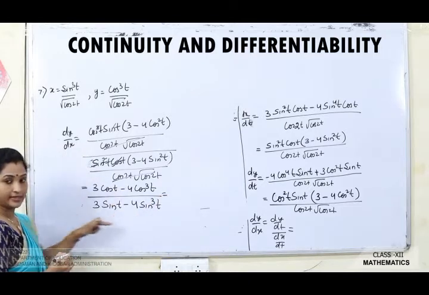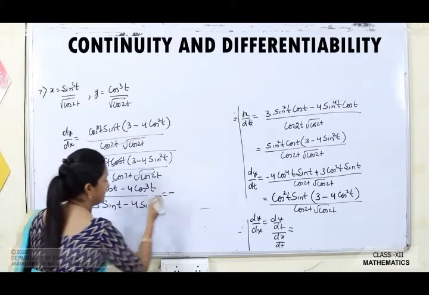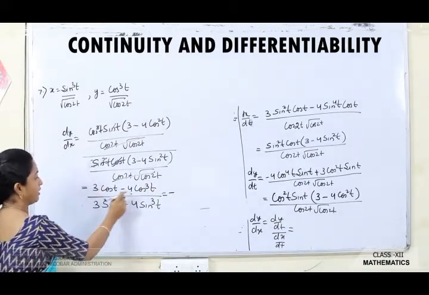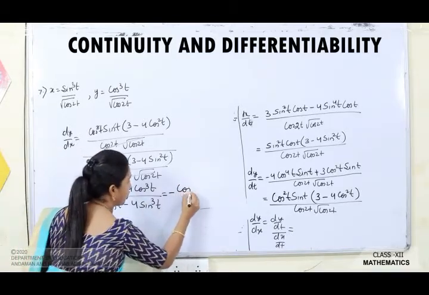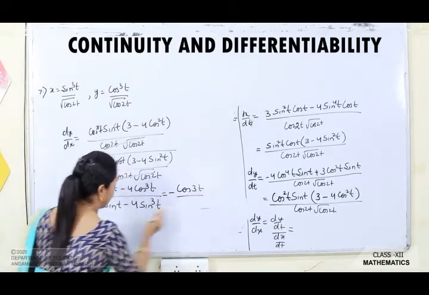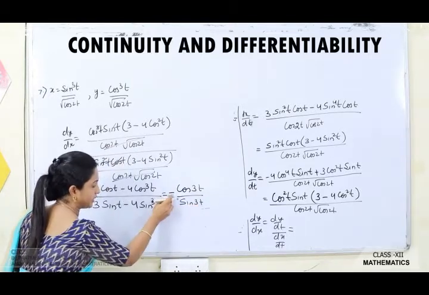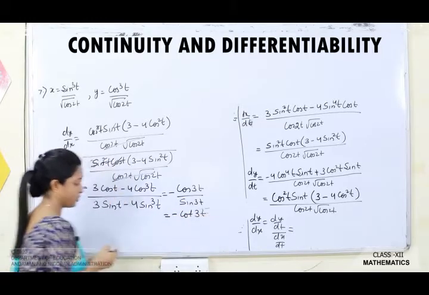When you simplify this, you will observe that this is the formula of cos 3t, minus you will take here, so when you reverse this it will become 4 cos cube t minus 3 cos t, and that is the formula of cos 3t, and this is the formula of sin 3t. I have taken minus outside, okay. So you got the final answer as cot 3t, okay.